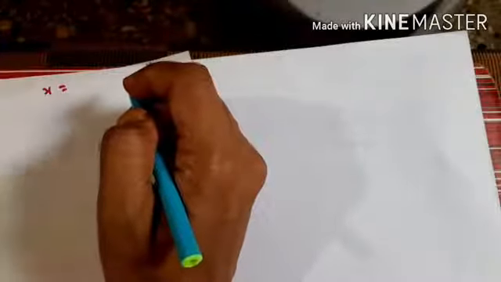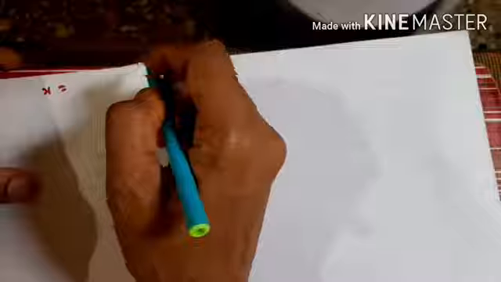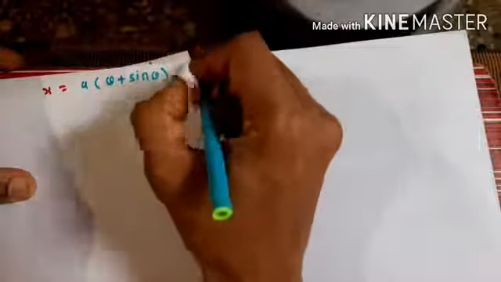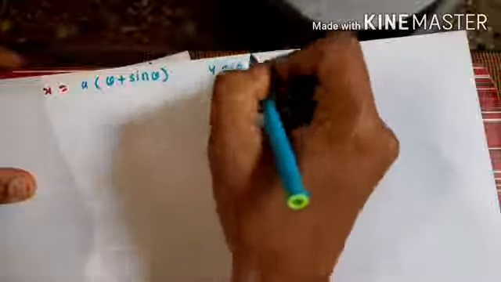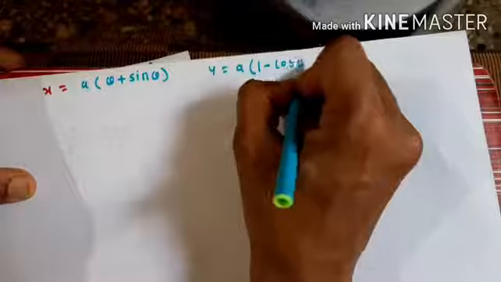The next problem is x equal to a into theta plus sine theta and y equal to a into 1 minus cos of theta.